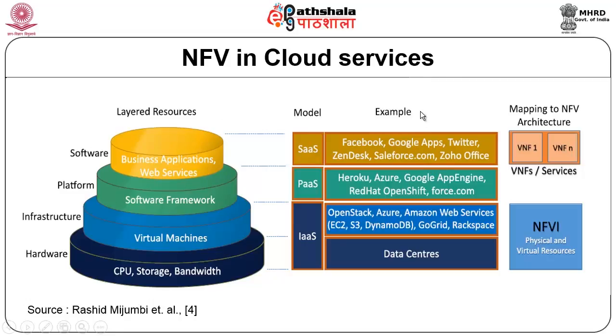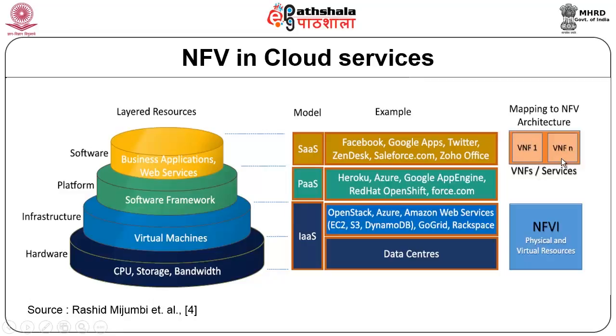If we want to connect this to our NFV, then this is how it is connected. This NFVI spans the virtual machine and the physical infrastructure. This is the NFVI infrastructure, and the VNFs are here.